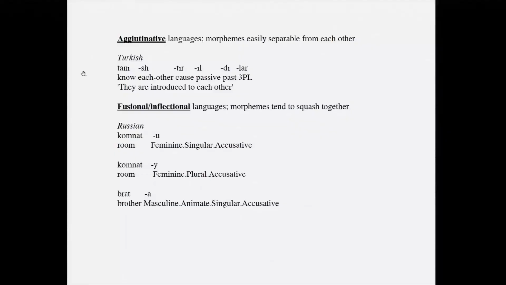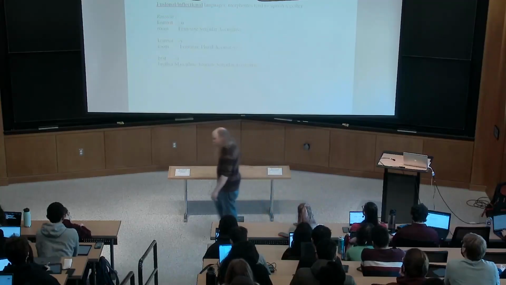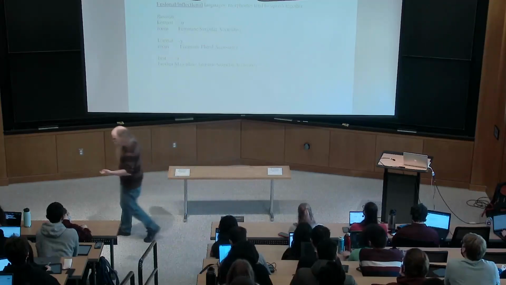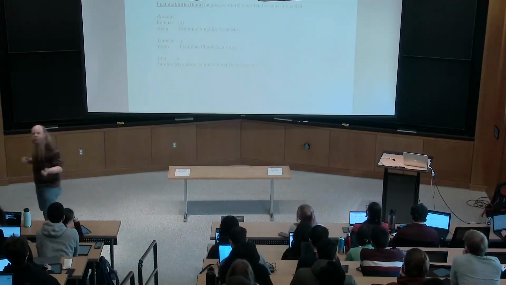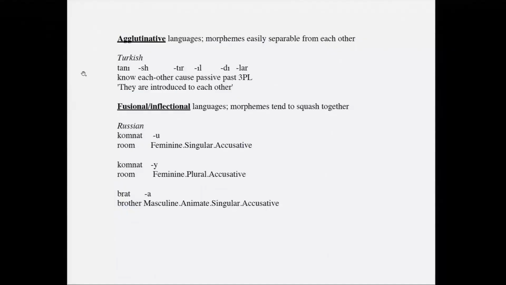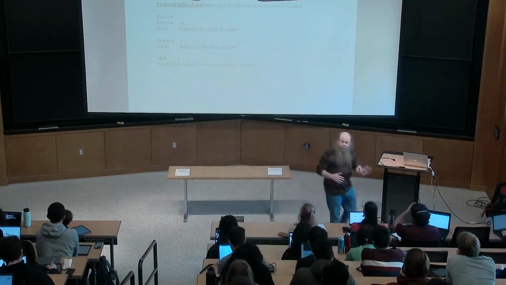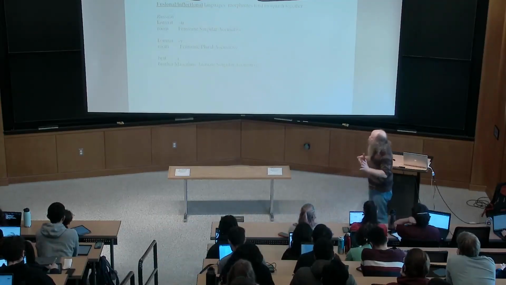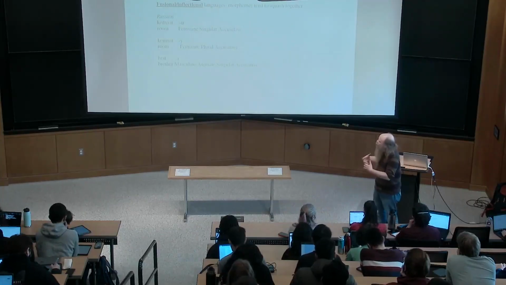Agglutinative, and sort of the opposite of agglutinative, people talk about fusional or inflectional languages. These are languages that have morphemes that squash a bunch of bits of meaning together in one small space. So these Russian nouns, for example, end in vowels which indicate the grammatical gender of the noun, and also its number, and also its case, and you aren't going to be able to divide that vowel into parts.